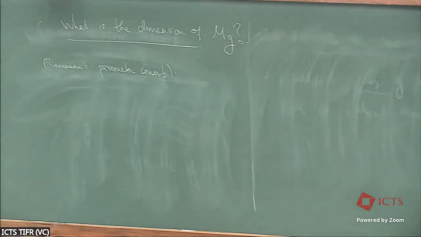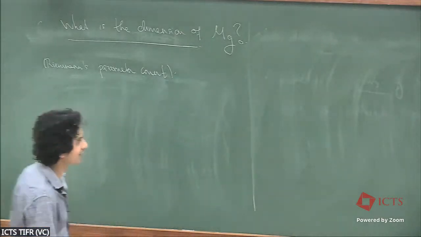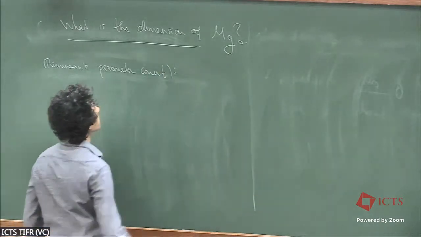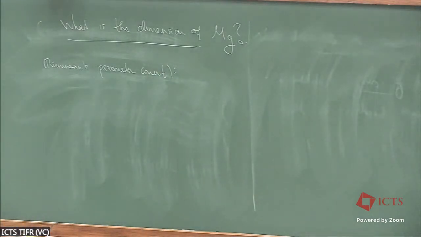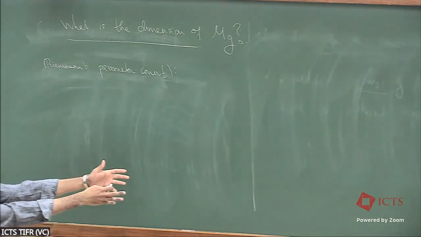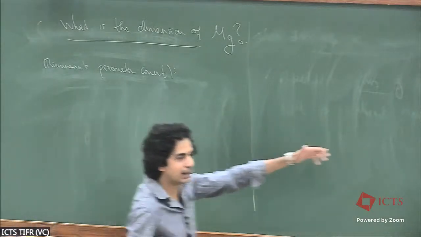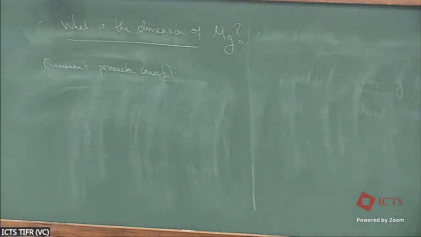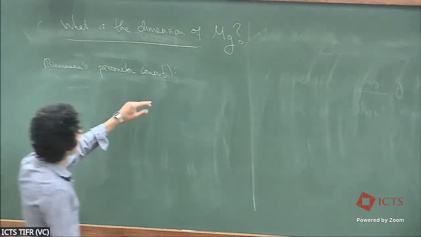Of course, M_g didn't exist back then, because no one had invented the word moduli. So he did that also. He also invented the word moduli. So how does Riemann think of the dimension of M_g? In some sense, the dimension of M_g is baked into the thing I told you before. If you were able to estimate the dimension of the Hilbert scheme, then you'd win. Of course, that's not how Riemann was thinking about the moduli space of curves, and so he had a different approach.